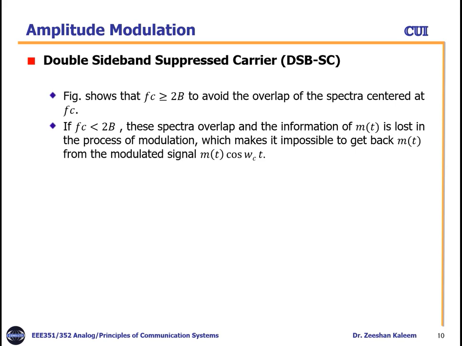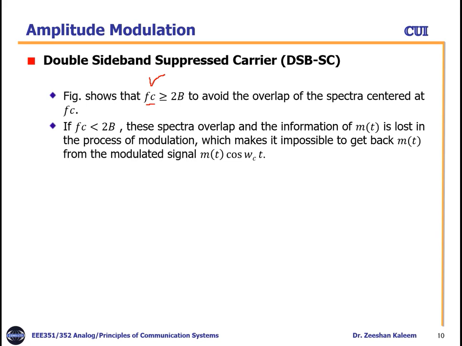So, what are the conditions to accurately get the modulated signal? For example, the figure shows what we already saw in the last two slides. The carrier frequency should be greater than 2B. For example, this is your carrier frequency on which your modulating signal is transmitted.